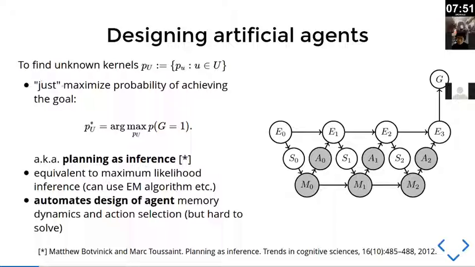I say here just maximize this probability, but it's actually quite a tough problem. We can't easily solve this, but it's a well-defined problem. And in this way, in principle, this automates the design of an agent.